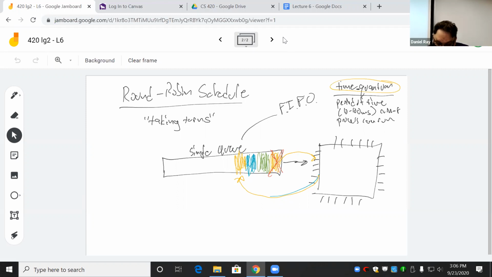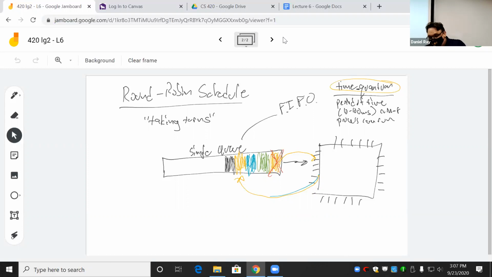Anything that appears after that, well, it goes to the back of the line. There's another one that's waiting in the back of the line. Okay? So this is strictly first come, first serve. You get context switched onto the processor for a time quanta time, as long as you're ready.